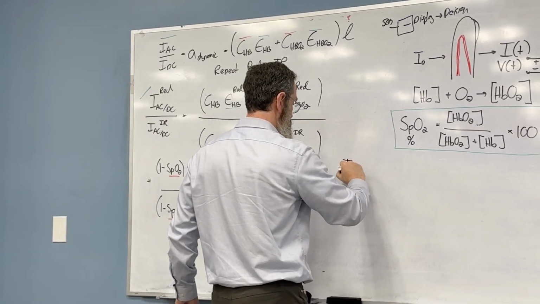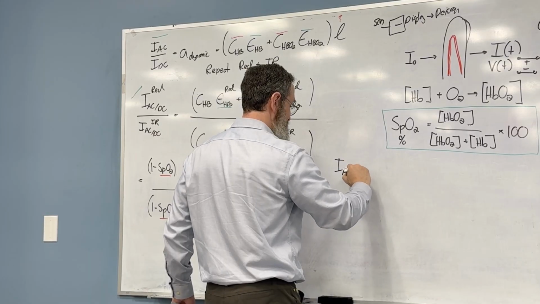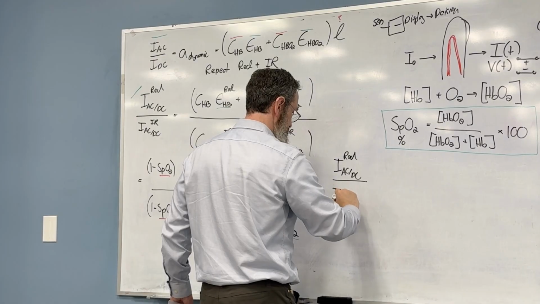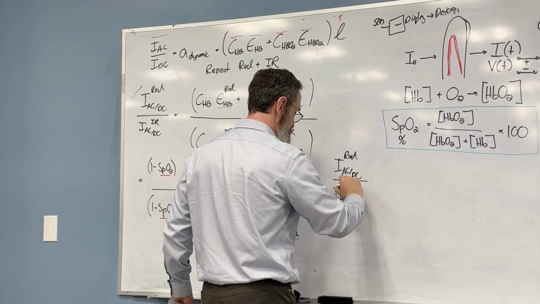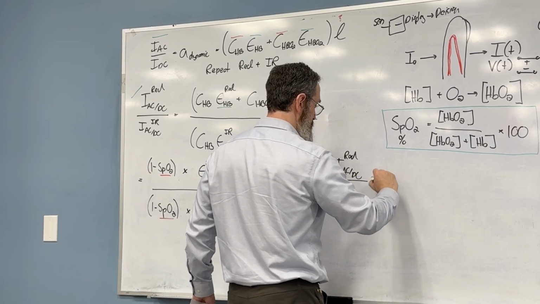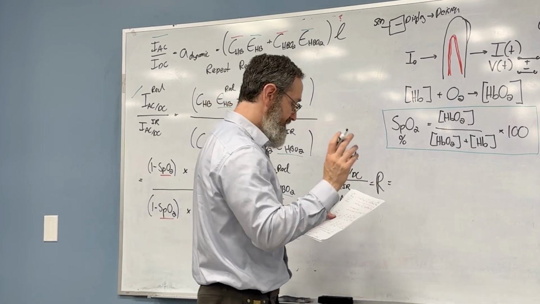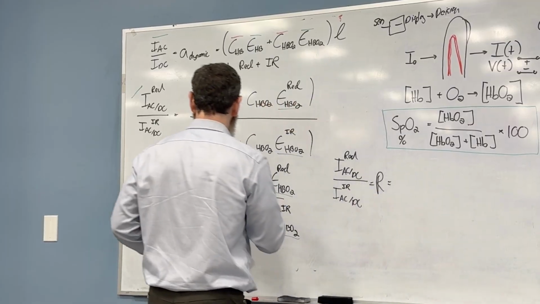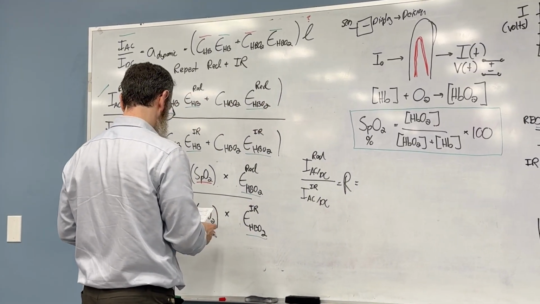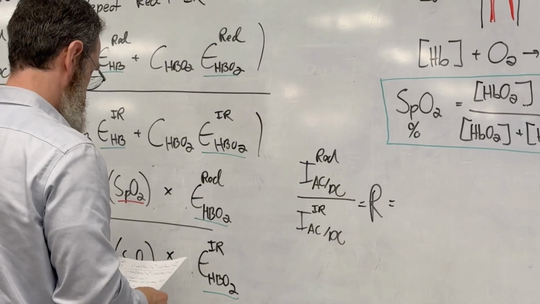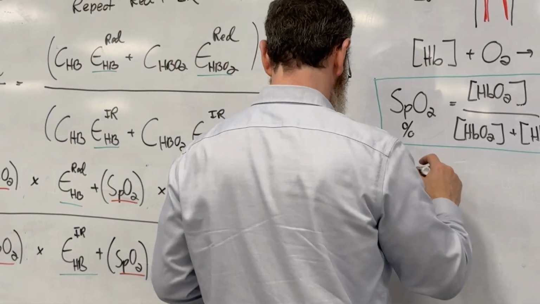The IAC/DC for red over the IAC/DC for infrared will be referred to as R. And R is equal to, well, I simplified it, so here it is. There's different expressions for it.